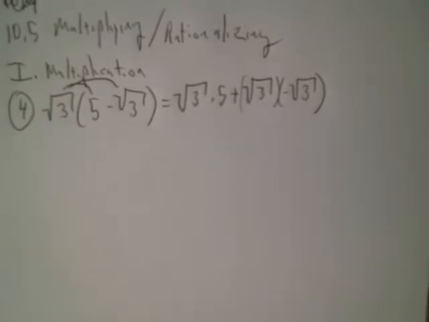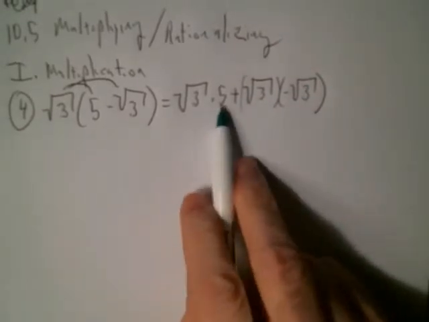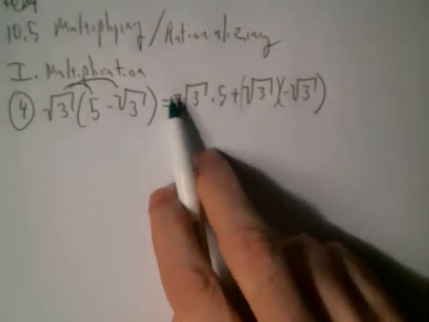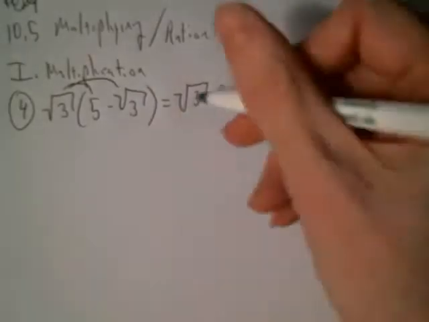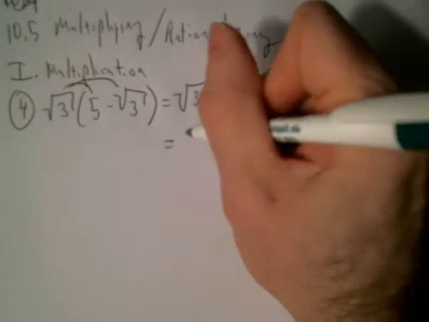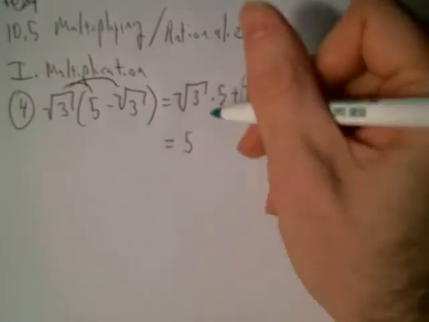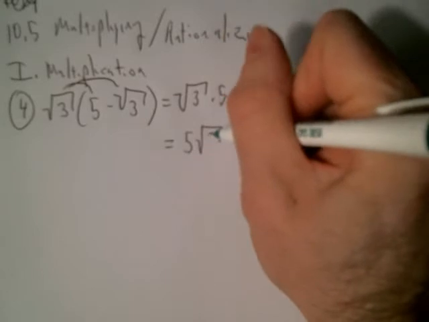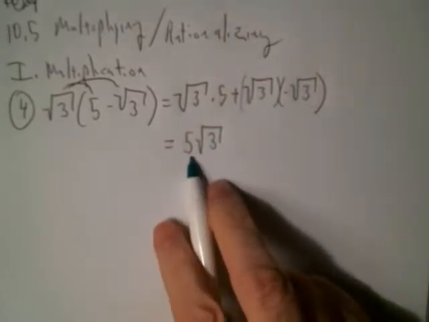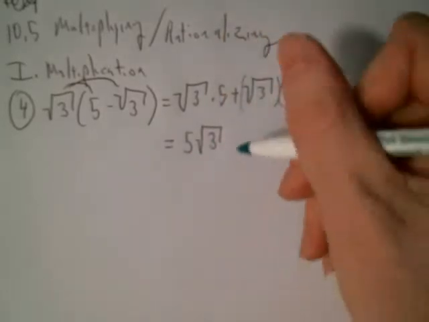Rather than putting the 5 behind the radical 3, we always want the constants in front. So this is going to be 5 times radical 3. Instead of putting a little dot in between them, we could just write 5 radical 3, and it's understood that this means 5 times radical 3.